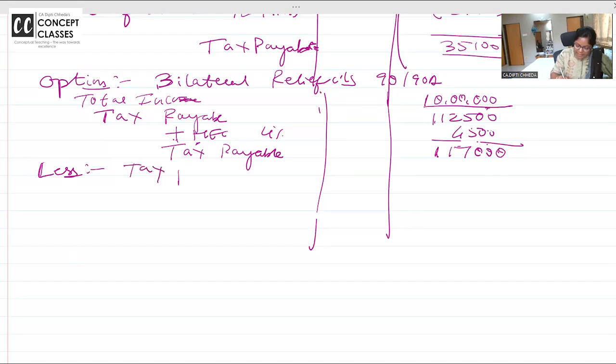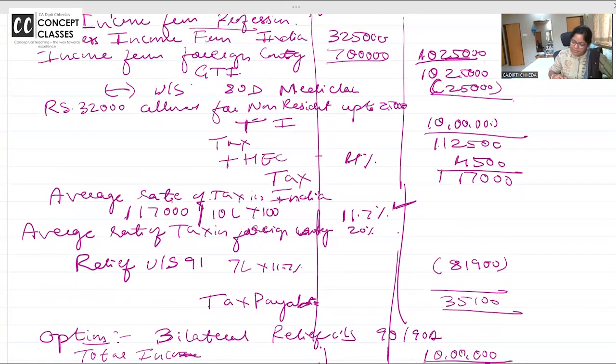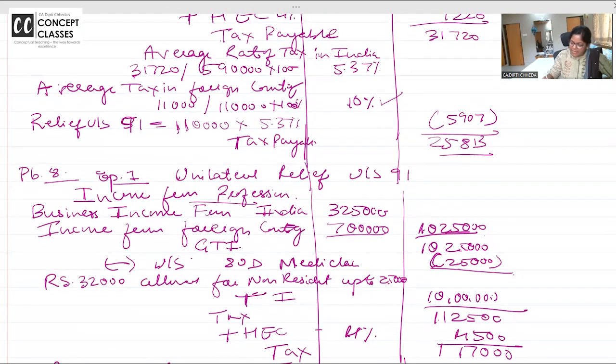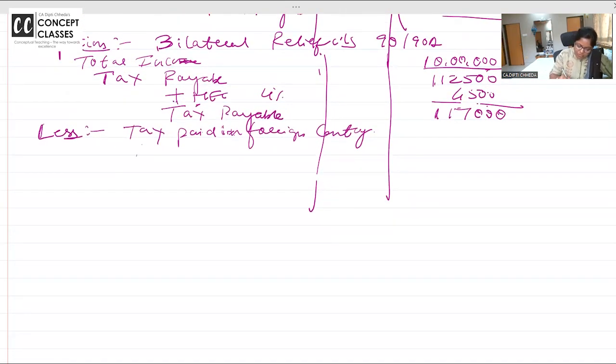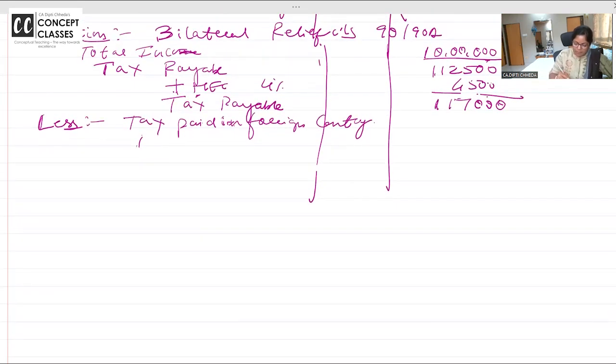Less tax paid in foreign country. Obviously the India tax is less, but the tax you have paid in the foreign country on the foreign income, look at the screen, 7 lakhs. This is the actual tax you have paid. That is 1,40,000.